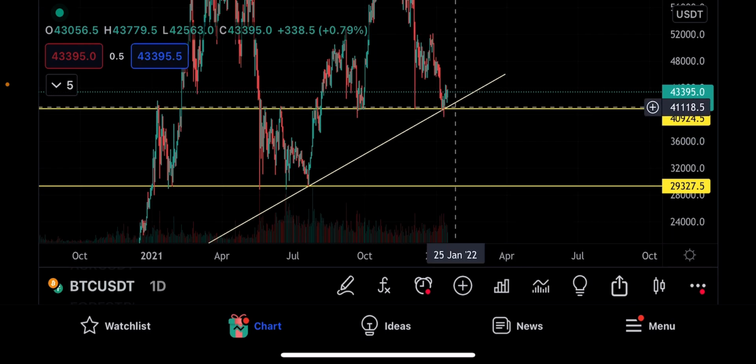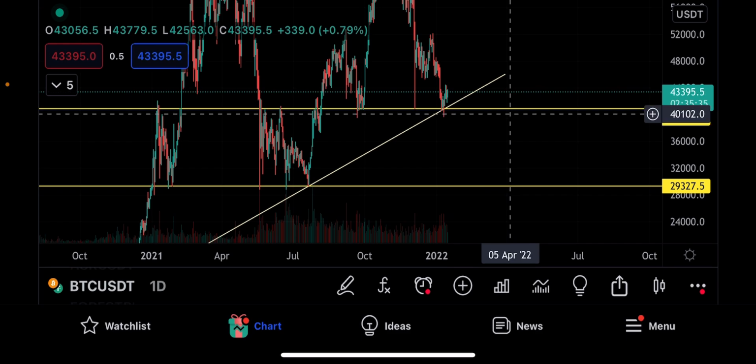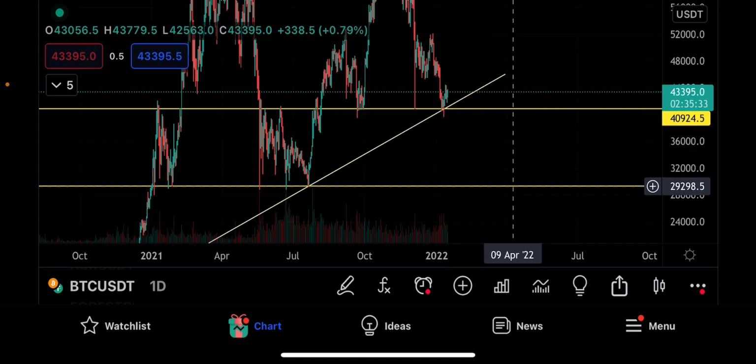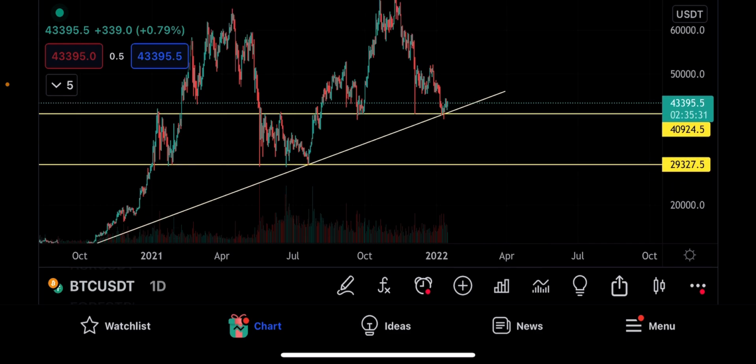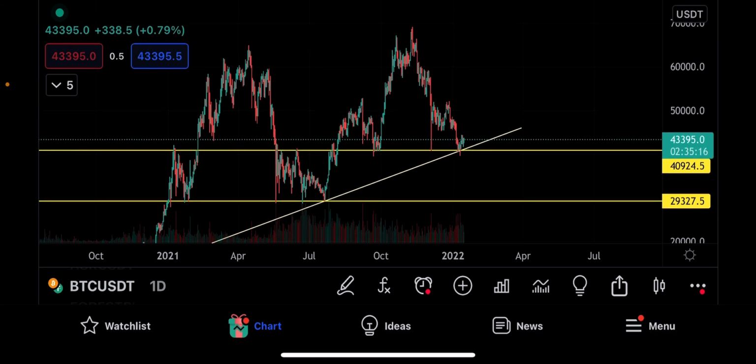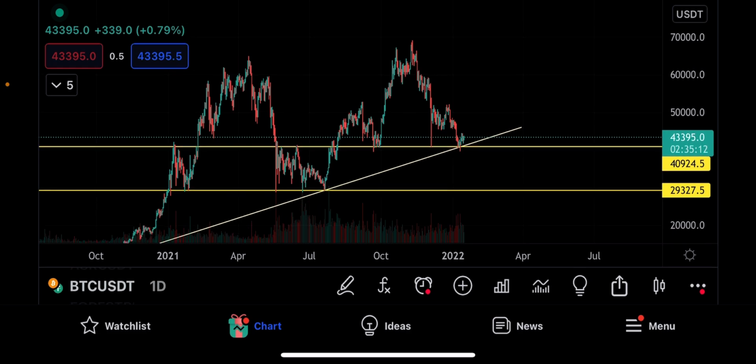The drop will be massive from 40.9k to 29k if we lose it. So I wouldn't risk it. If we see any signs of going below 40.9k, I would think that it is a bear market and I would start selling. But as of now, I'm still very bullish, and I still think that we're going to 50, 60, or even 70k.